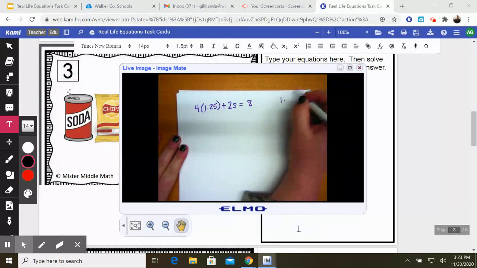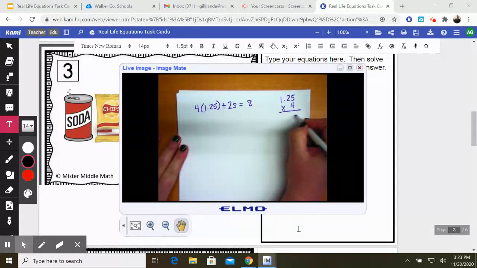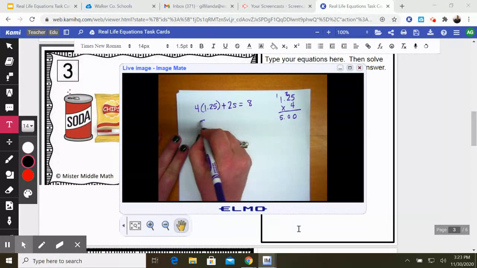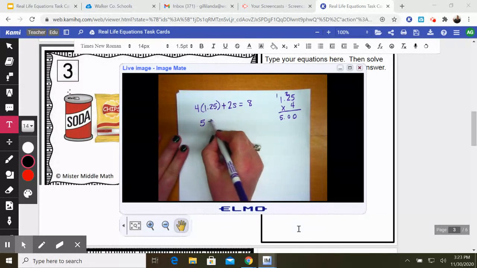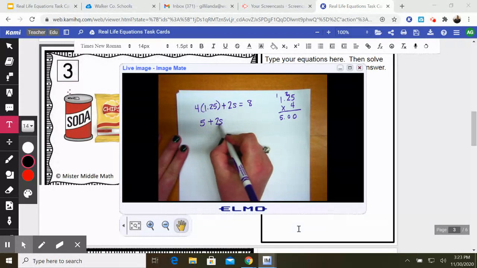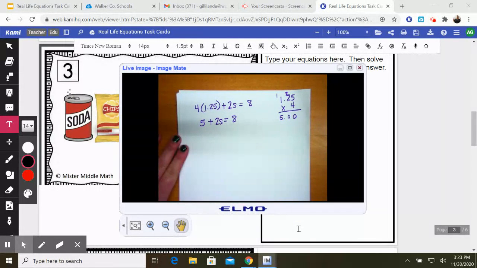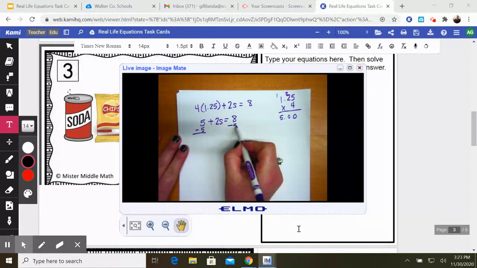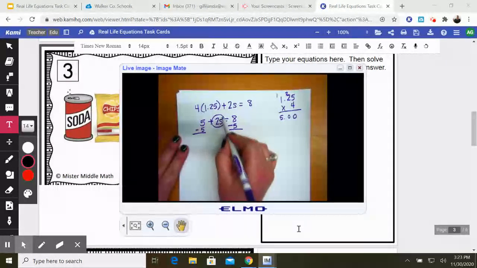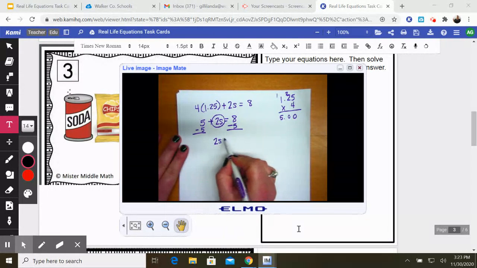So I would go here, 1.25 times 4 is equal to $5 plus 2 cans of soda equals $8. So then I would subtract 5 from both sides. I would be left with 2S is equal to 3. Then I would need to divide both sides by 2.